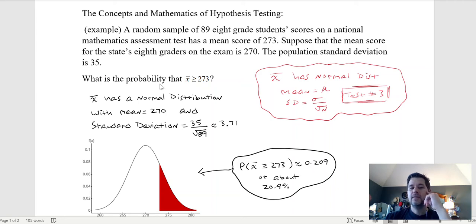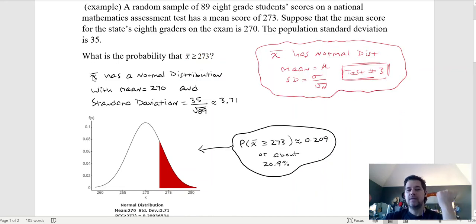All right, and I'm curious, what's the probability that this sample, remember X bar is the sample mean, what's the probability that if you had a sample of 89 scores, you'd get a mean score in that sample of 273 or more, okay? So to find that probability, I have to remember something from test 3, that the sample mean has a normal distribution under certain conditions, and this is one of those conditions.